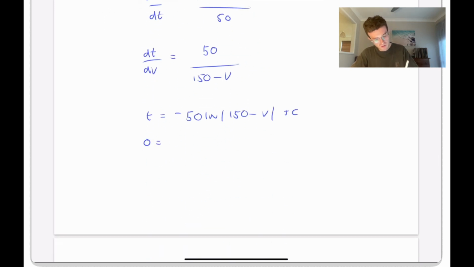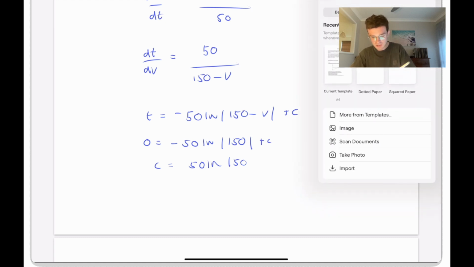So 0 is equal to minus 50 ln of 150 minus v plus c. Well, v is 0 in this instance because we're starting at 0. So t equals 0, v equals 0 because it starts at rest. So c is equal to 50 ln of 150.